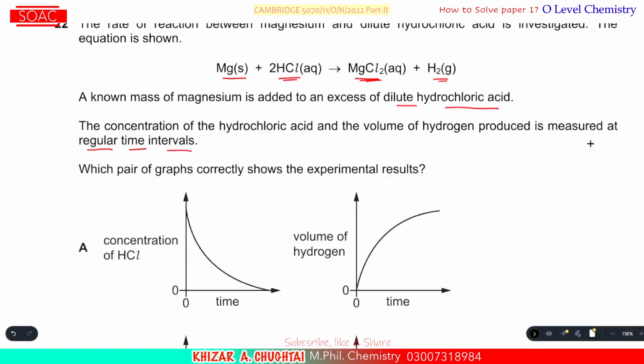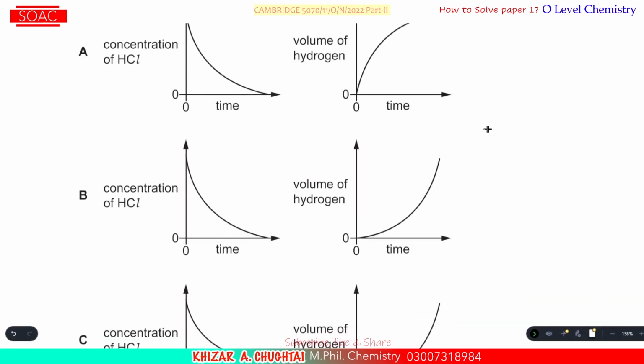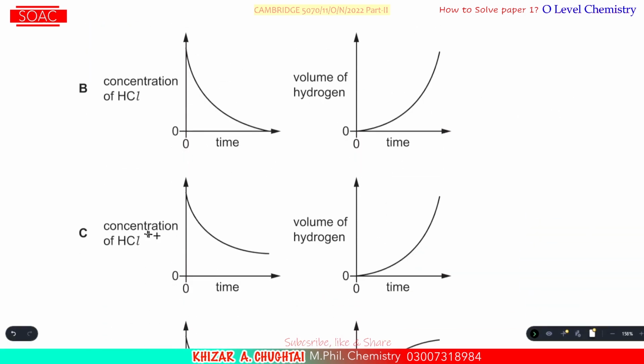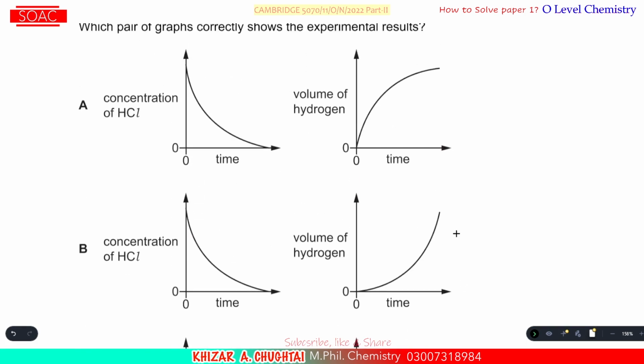Which pair of graphs correctly shows the experimental result? In A, the first graph is concentration of HCl versus time, and the second graph is showing volume of hydrogen versus time. The same parameters are in B, C and D. Basically, the axes and their labels are the same in all cases.